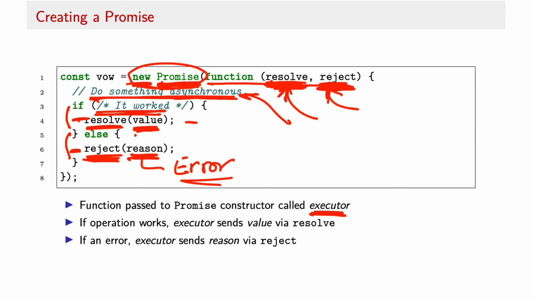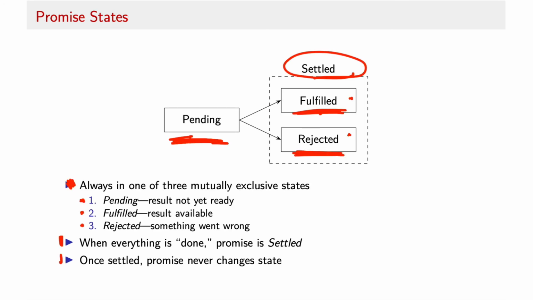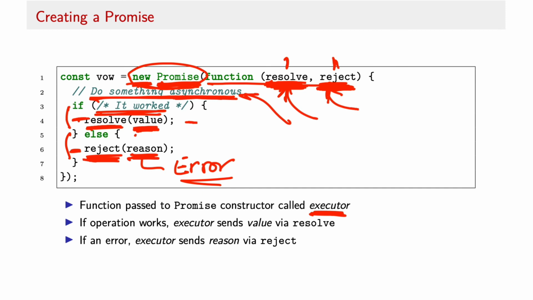And we do that by invoking either the first function that it passes us or the second function that it passes us to tell the promise, hey, we went from pending to fulfilled, or we went from pending to rejected. So our focus here has been on creating a new promise object and giving it the appropriate information to behave appropriately based on some underlying asynchronous operation. So you can see here that this slide is entitled Creating a Promise. That's how you would create code that will return a promise.